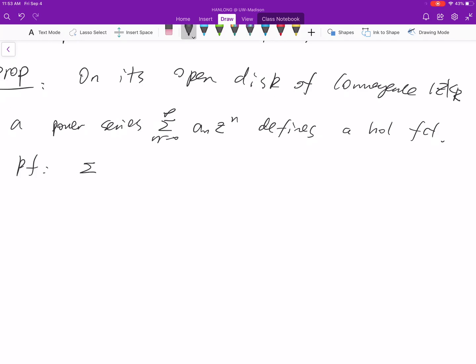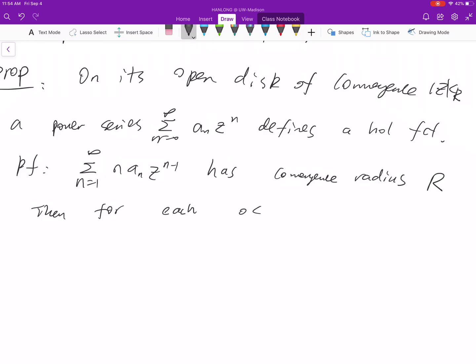So first, we note that this power series has convergence radius R. Then for each small r, the power series converges uniformly on |z| less than r.